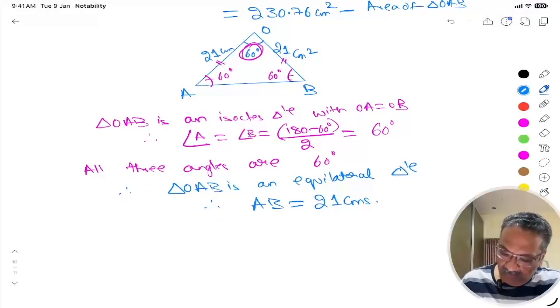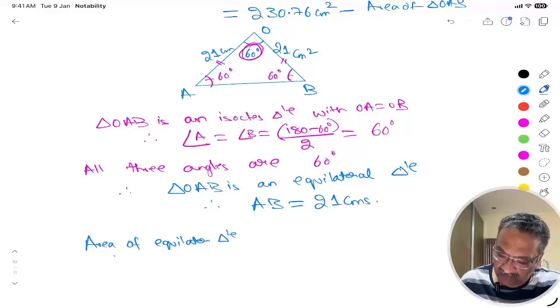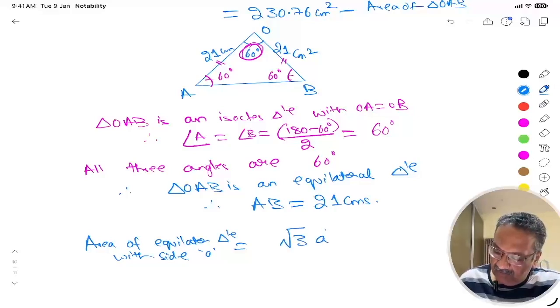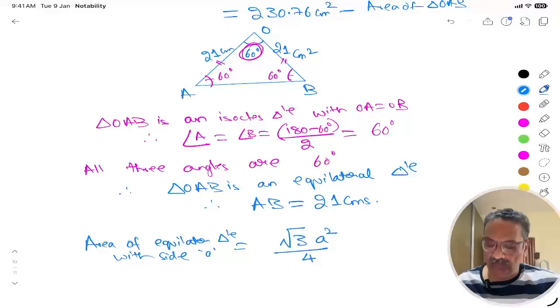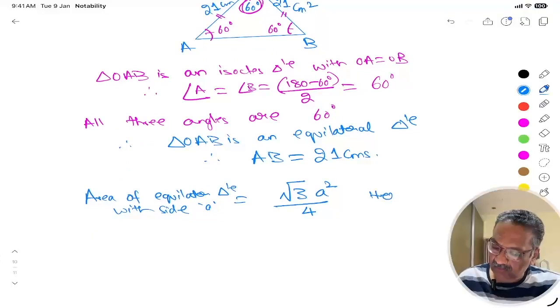So now, the formula for the area of an equilateral triangle with side a is nothing but root 3 a square by 4. Here a is equal to 21.